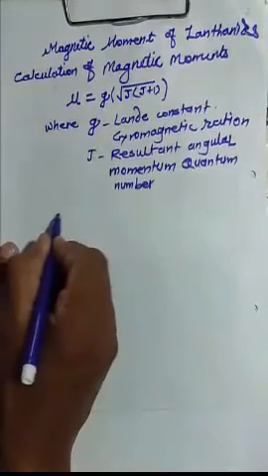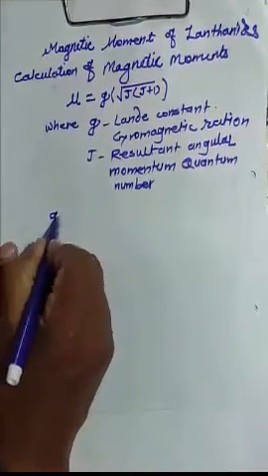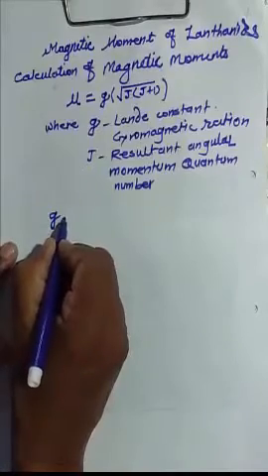First of all, let's see what Z, the Lande constant, is and how it is calculated.